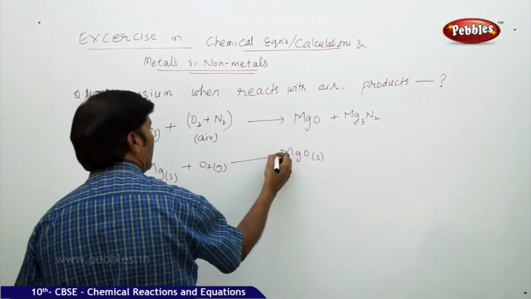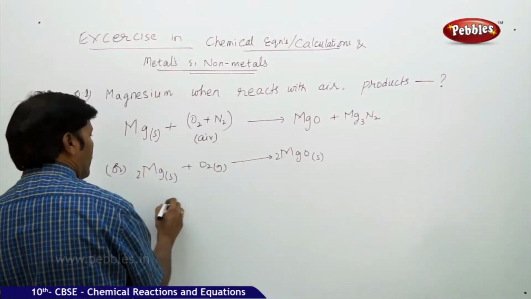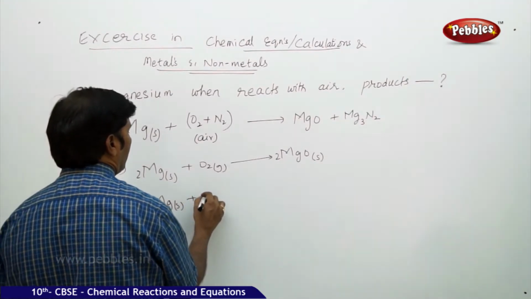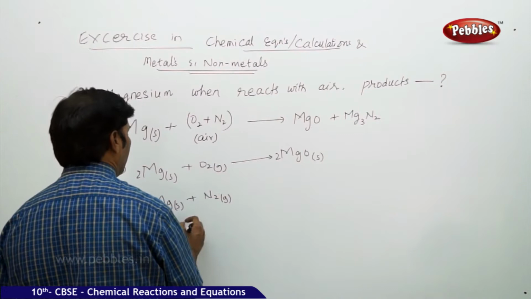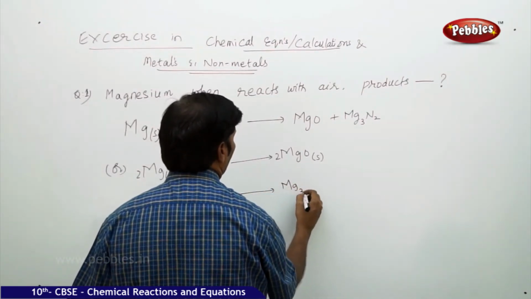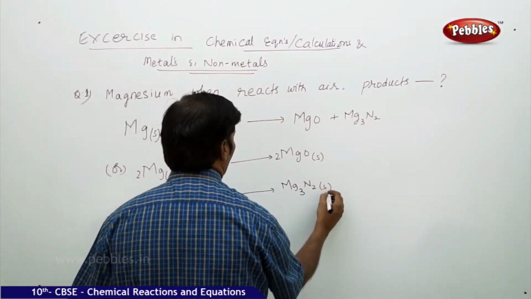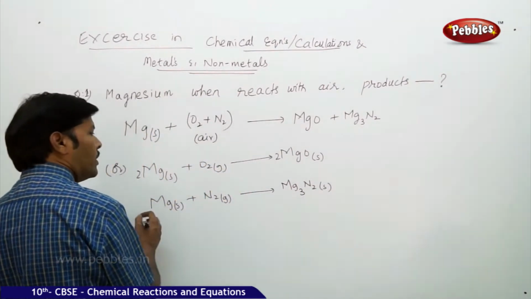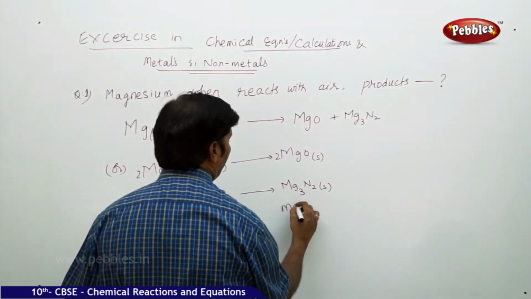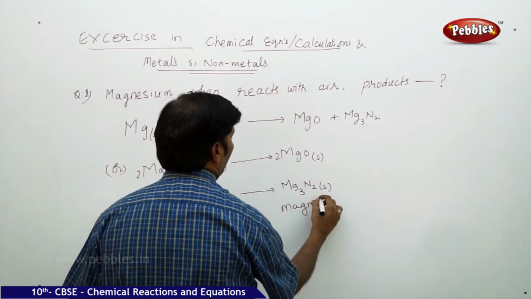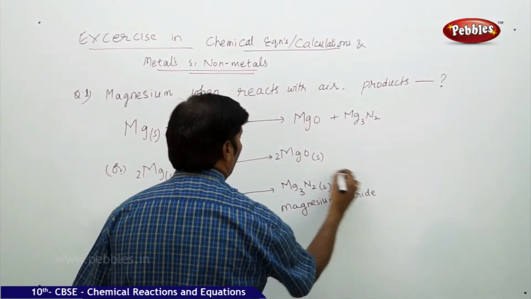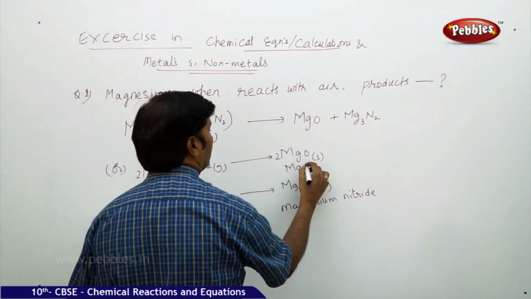Balance the equation, take 2 over here, take 2 over here. And magnesium solid plus nitrogen gas gives rise to Mg3N2 solid, magnesium nitride. Balance the equation, take 3 over here. This is magnesium nitride, and this is magnesium oxide.